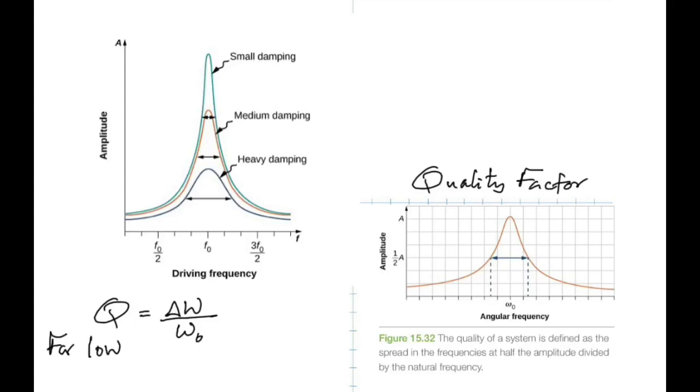Are you looking at a sharp curve or are you looking at a flat curve? If I draw two curves, can't you make out? You saw the heavy damping and the light damping one.